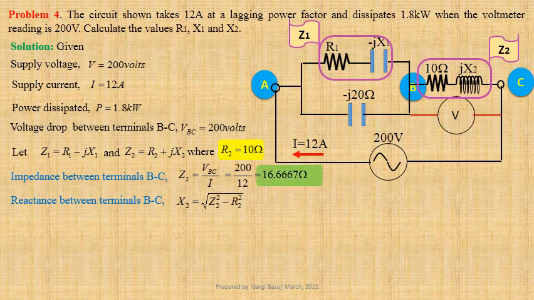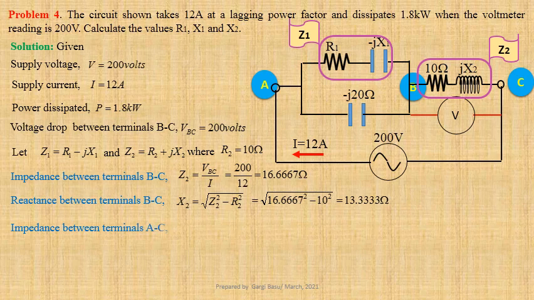Using values we get root over 16.6667 square minus 10 square, that gives us 13.3333 ohm.